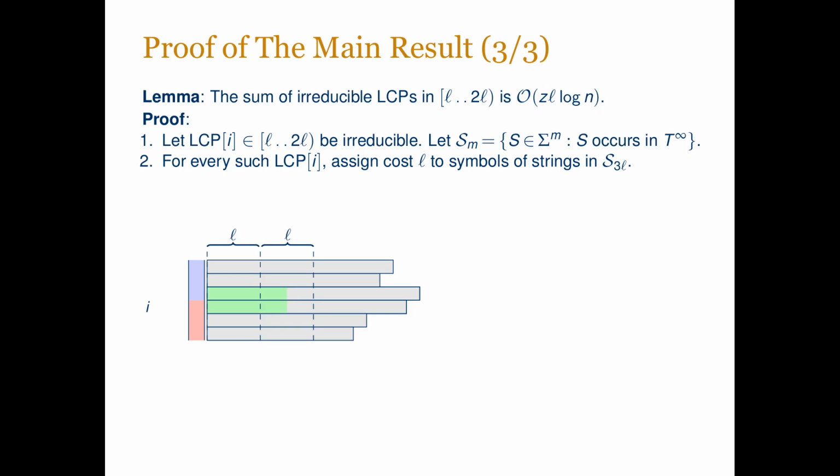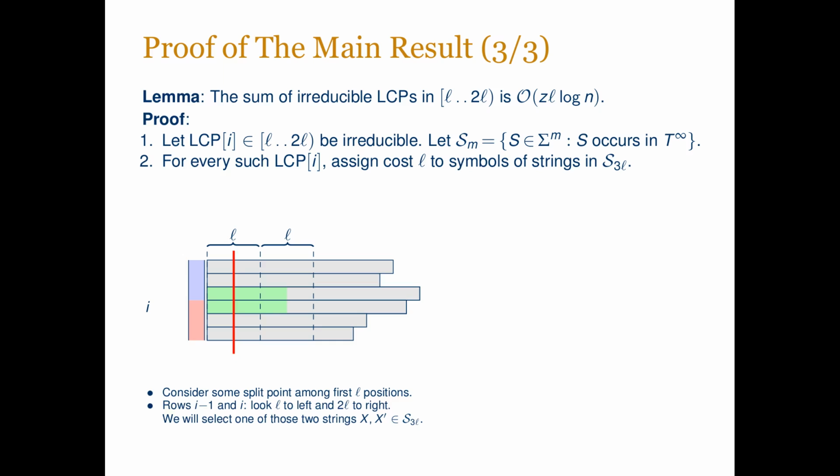The assignment is done as follows. The values of LCP in this figure are marked in green. The BWT symbols are colored blue and red. Since LCP of i is irreducible, there is a run boundary at position i. Consider some split point among the first L positions.